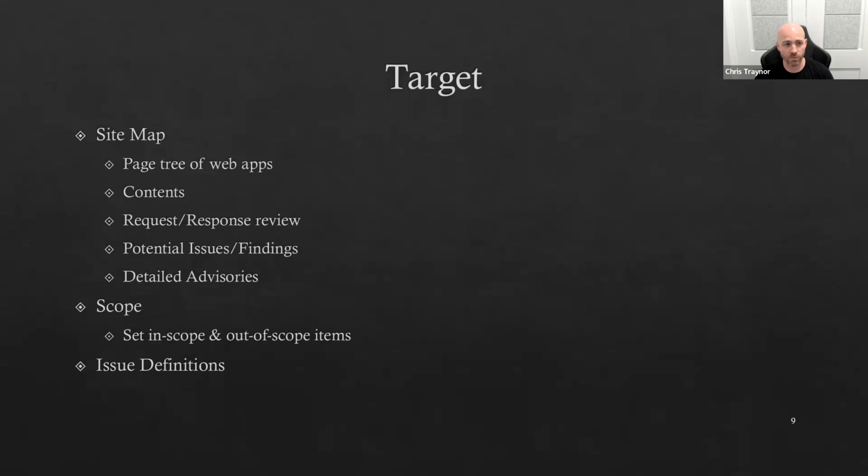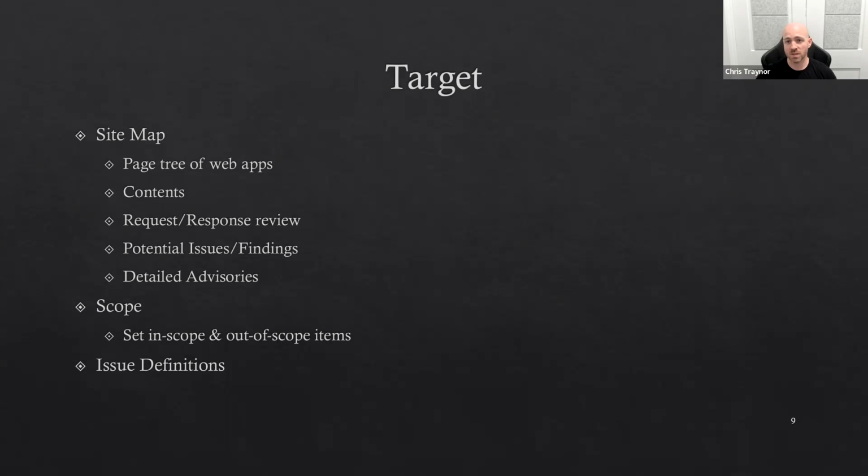The next section of Burp is the target. You'll spend a lot of time inside the target tab of Burp. This is where the sitemap is, that whole tree of your web applications, how it's actually built out. All request and response reviews happen in there. This is where you can tie a target web application specifically to just the issues that are discovered for it. This is also where you would define your scope so that you are not being evil to things you should not be evil to.